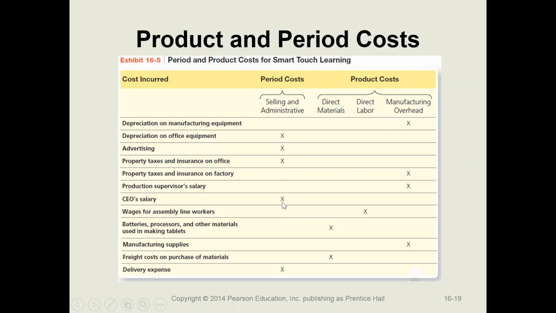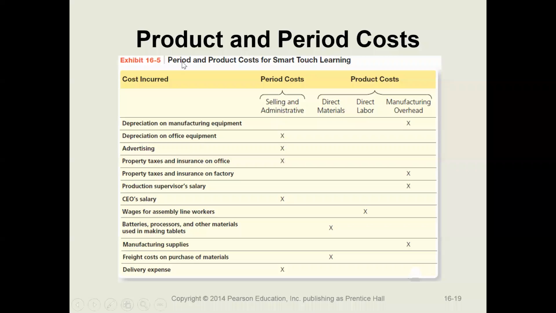So we're not directly seeing how much of the president's salary goes into a product. So we track that as a monthly, annual cost. Similarly, advertising. Advertising is not an expense involved with making of a product.